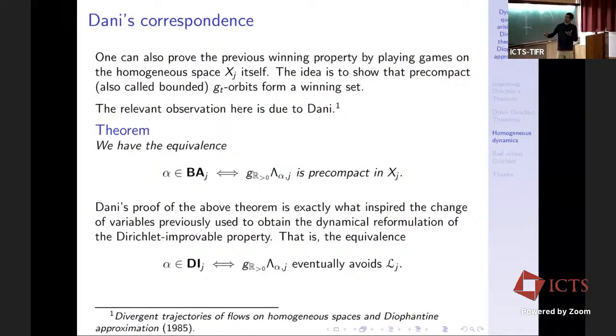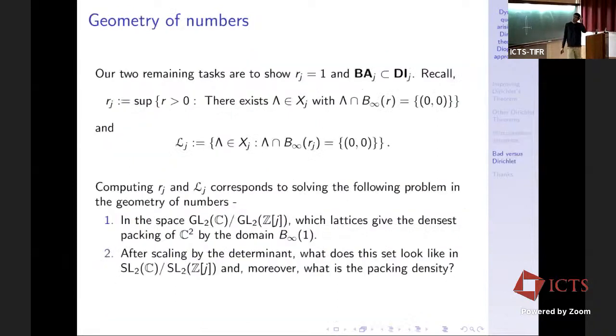Let me just highlight that we have two dynamical characterizations of these number theoretic sets. Alpha is in Bj if and only if this orbit is precompact, and alpha is in Dij if and only if this orbit avoids this critical locus Lj. So these two things remain.